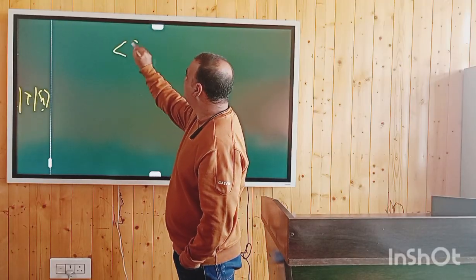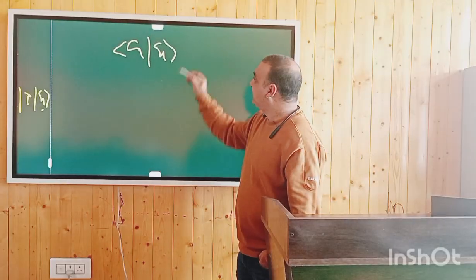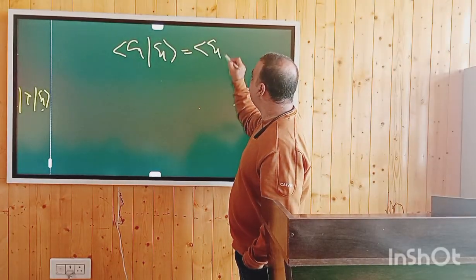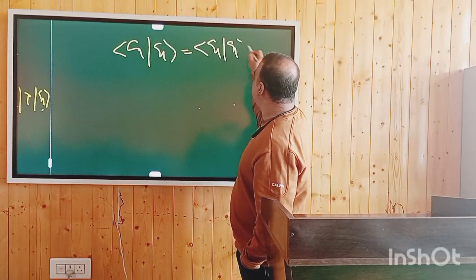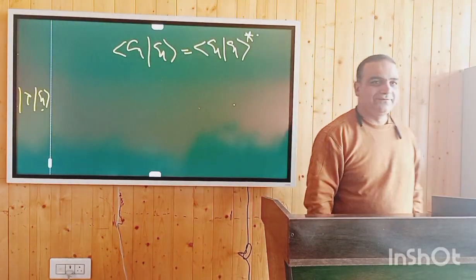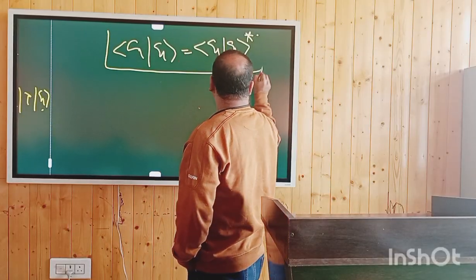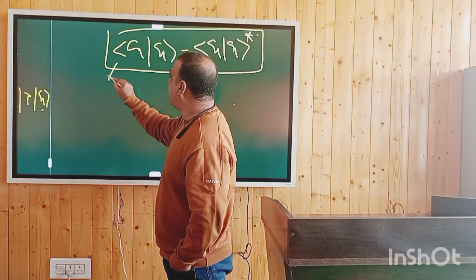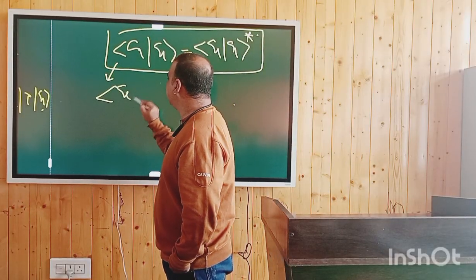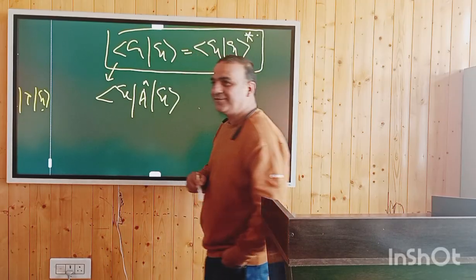Now, I have the inner product of zeta and A zeta, and this is equal to its complex conjugate, isn't it? Right? So this we have as zeta, A, zeta.